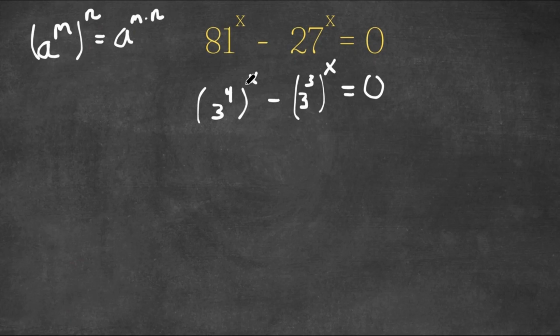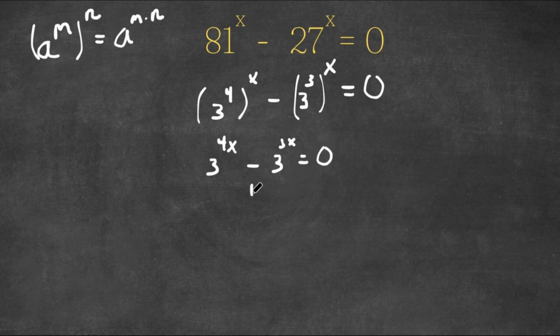Meaning 3 to the power of 4 to the power of x, well, this would equal 3 to the power of 4 times x, or we could also write that as 4x. Minus, now we're going to do the same thing over here. 3 to the power of 3 to the power of x is the same thing as 3 to the power of 3 times x, which is simply just 3x. Now this is equal to 0.